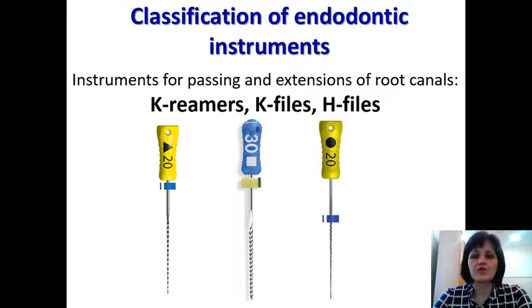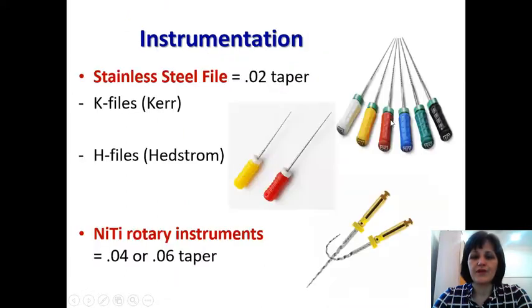There are a lot of instruments, and the groups are called K-reamers, from the name Kerr, K-files, also from the name K, and H-files, from the author Hedstrom. K-reamers, K-files and H-files.